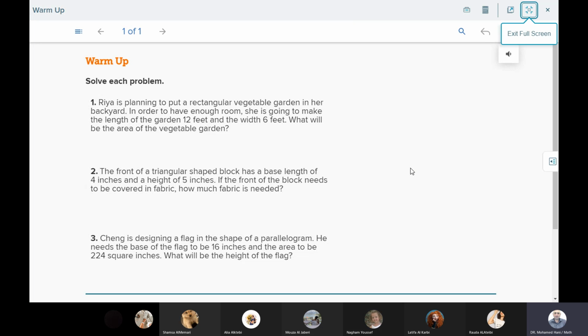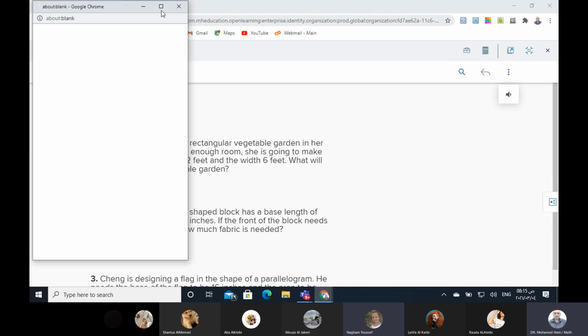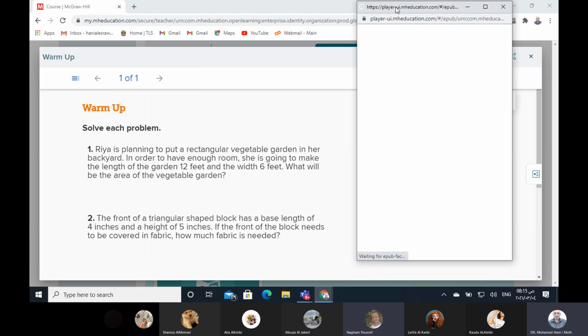Okay, thank you, Nagam. I want all of you to read it again, then try to find the area of this rectangle. Mister, is it 72 feet squared?